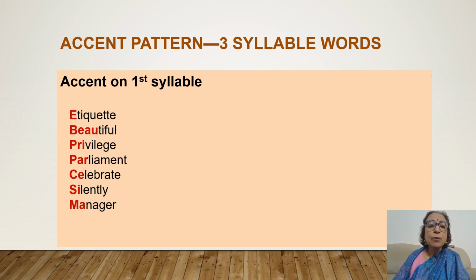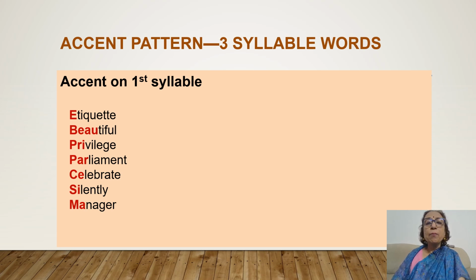Then you have privilege, 3 syllables. Pre is 1 syllable, V is 1 syllable, and ledge is 1 syllable. So we say privilege. That much softness is there in the 2 syllables. The first syllable is pronounced with more force, more stress.